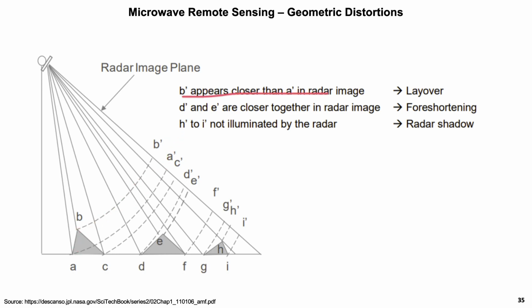The point B dash is your example for layover, so the bottom of the mountain is appearing later. D dash and E dash are the foreshortening, so the top of the mountain is very close to the bottom of the mountain and this distance is very less. And in case of shadow, it's not able to illuminate.